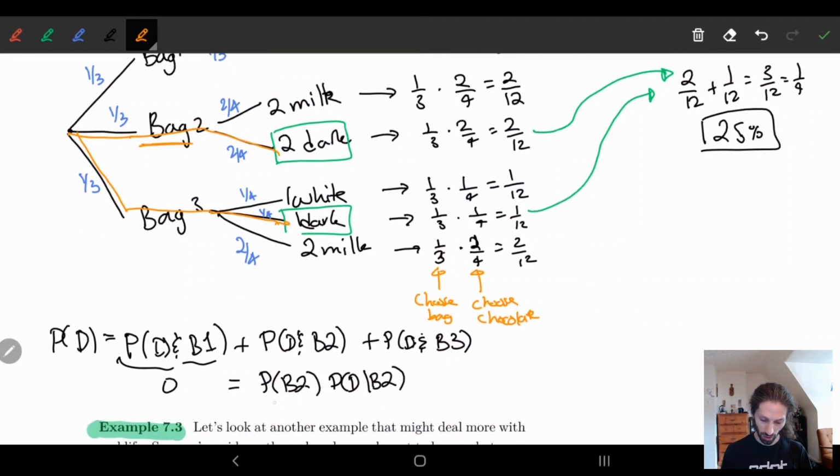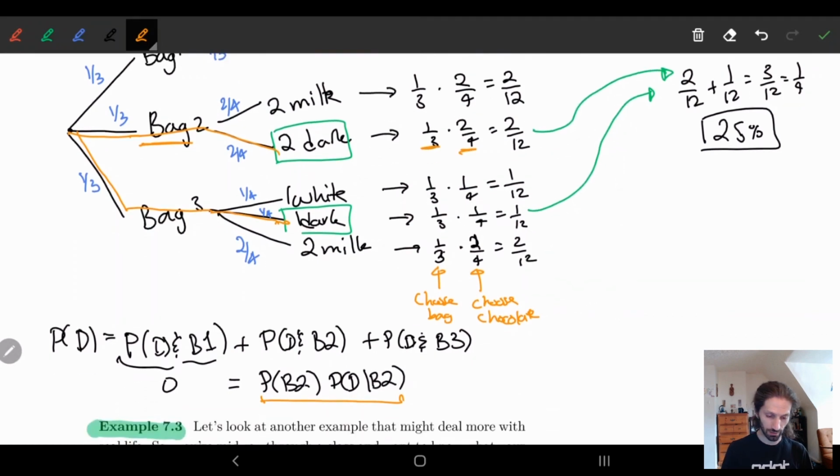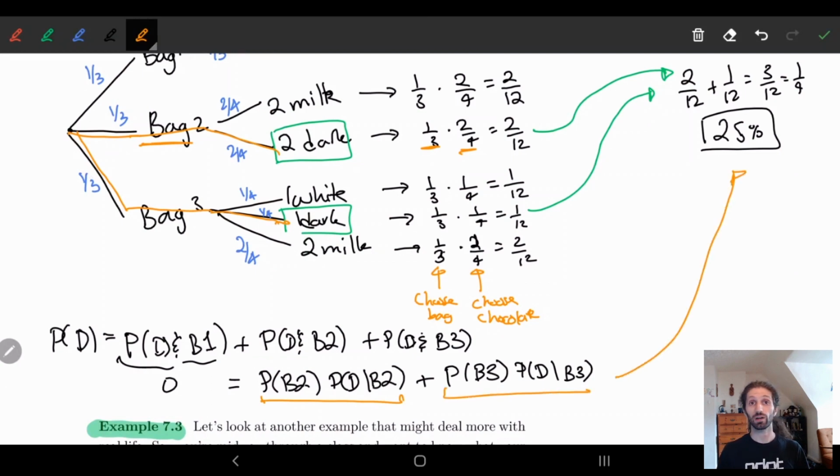And this is where the multiplication is coming in. Then we add the probability of B3 times the probability of D given B3, bag 3. This is this other yellow line, and this is exactly what we have up here and how this probability is being determined.